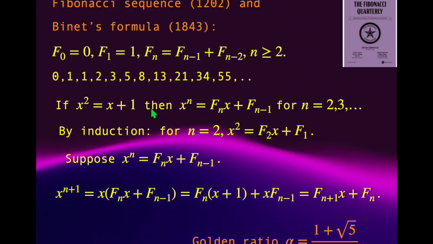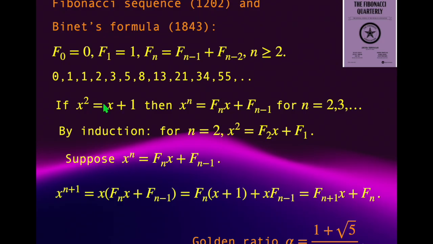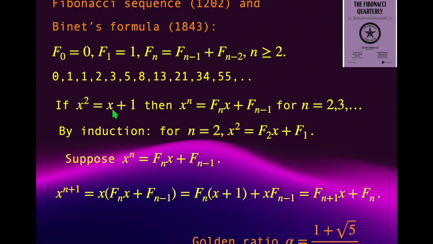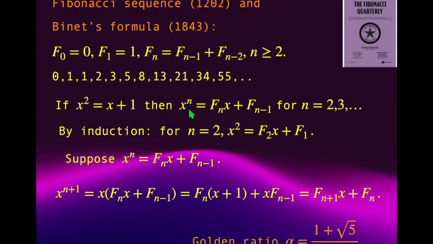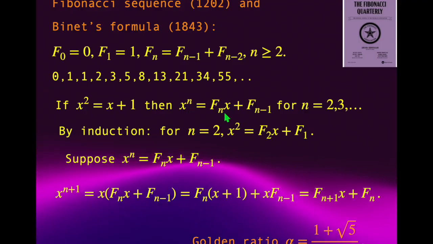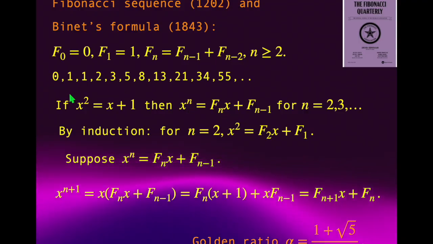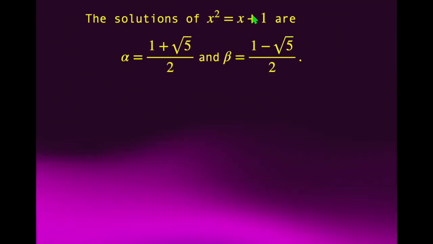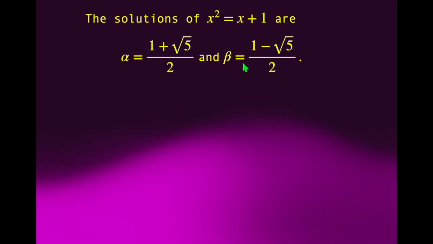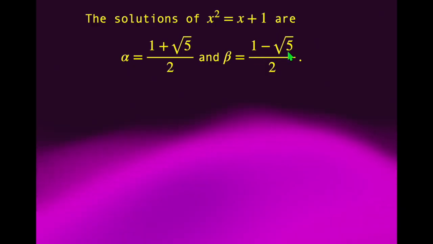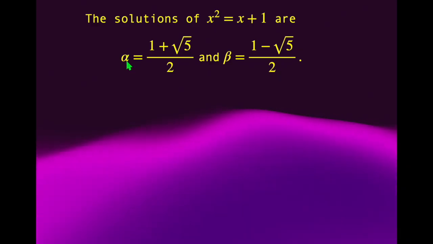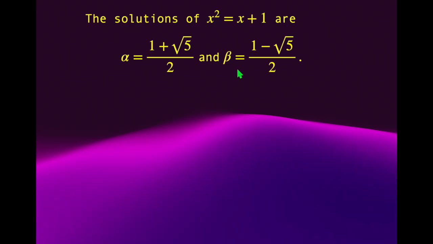So we get this property. If you take a solution of this equation, then x power n is equal to Fn x plus Fn minus 1. So now let's solve this equation. The solutions of this equation are actually the golden ratio alpha and beta, 1 minus the square root of 5 over 2. So alpha and beta satisfy the previous relation.